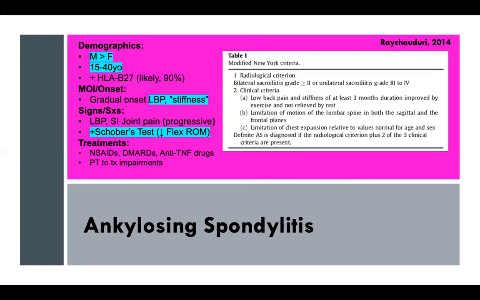It could manifest in the beginning as low back pain or stiffness in the morning. Often these individuals have a progressively decreased range of motion as the spinal joints degrade and fuse. So a positive Schober's test, a really sharp decrease in flexion range of motion.